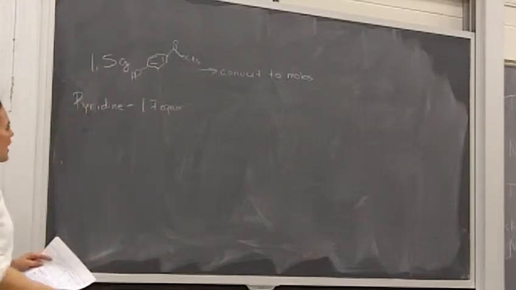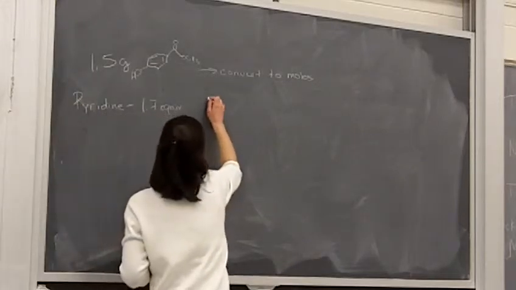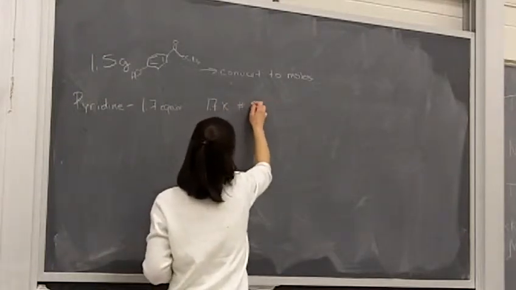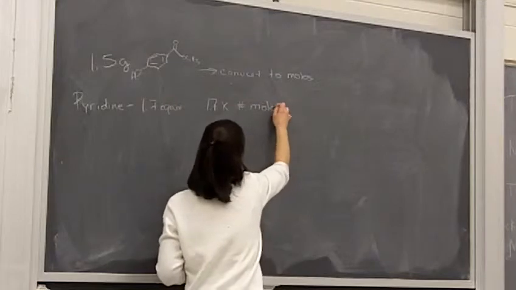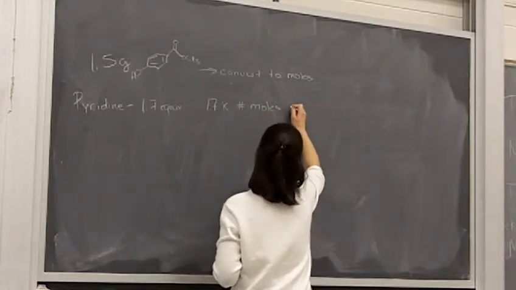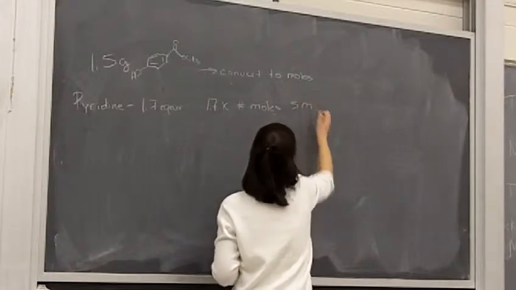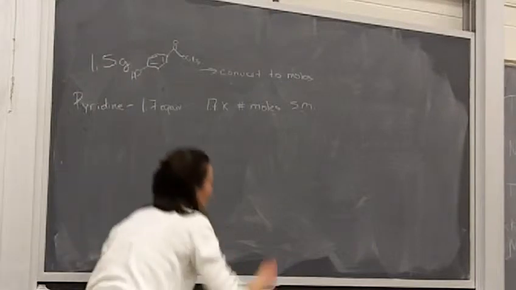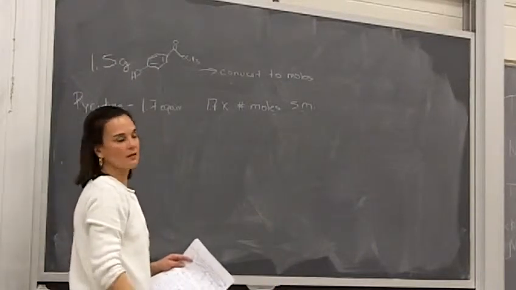Okay? And so what that means is 1.7 times the number of moles of starting material. So you convert to moles, and then take 1.7 times the number of moles of starting material, and then that is how you take into account the equivalents.